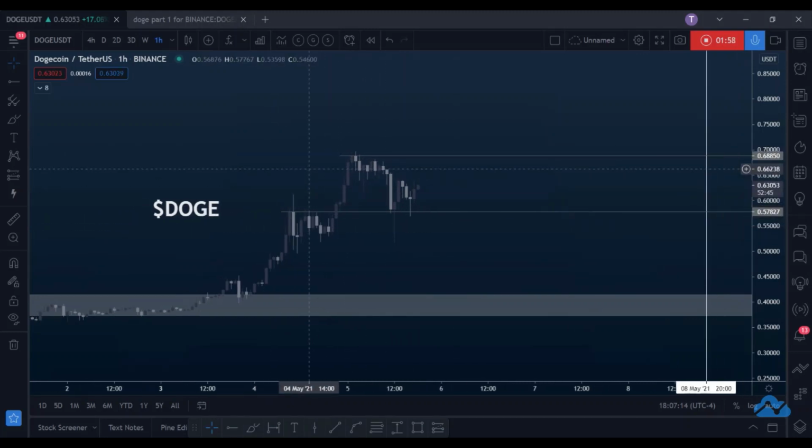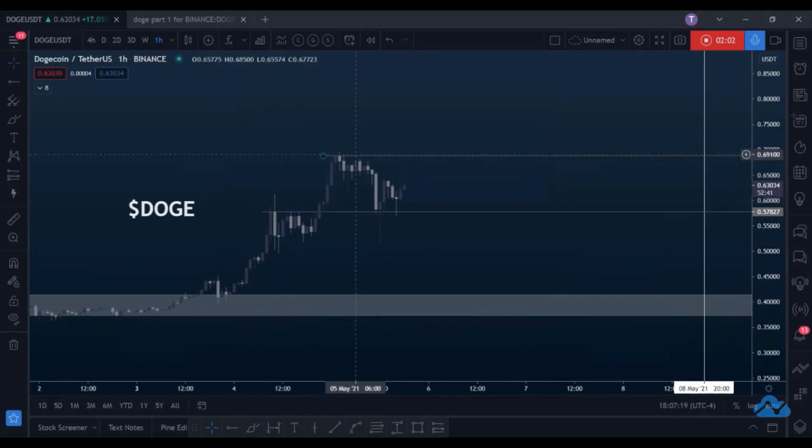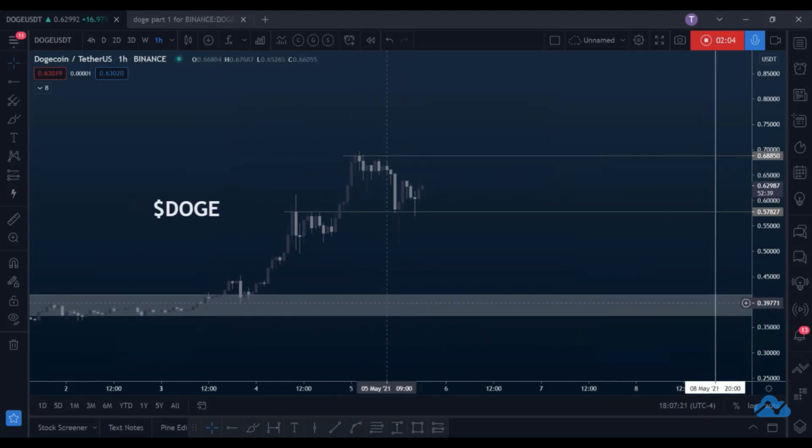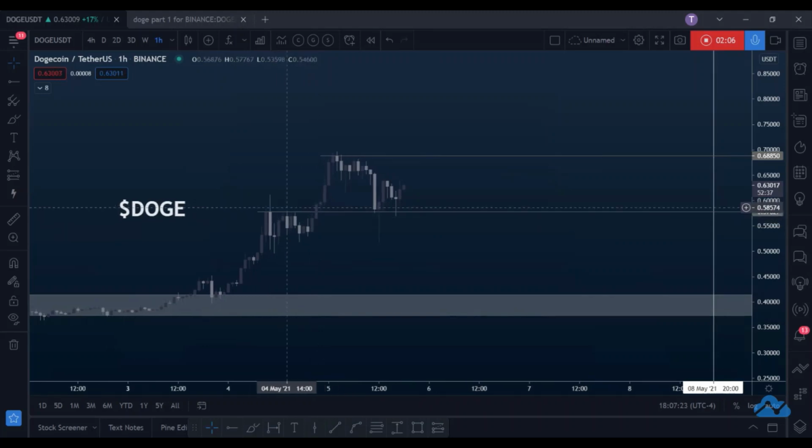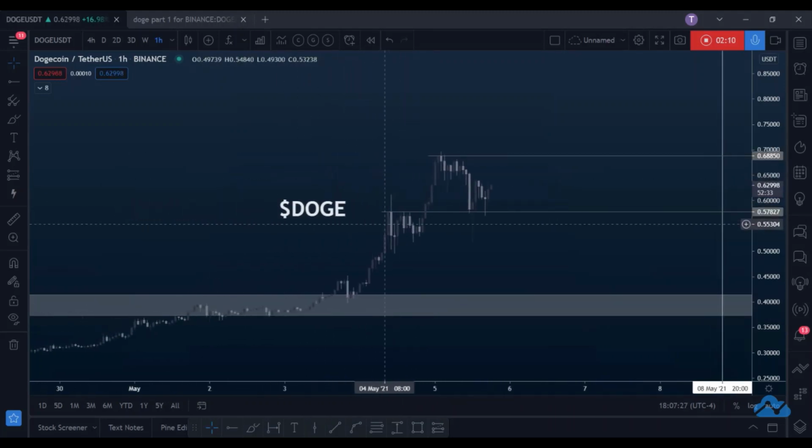So what I'm looking at is prices up here. This is our major support level, and these are our hourly support resistance levels.